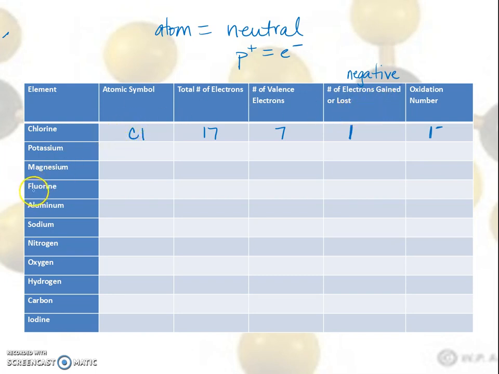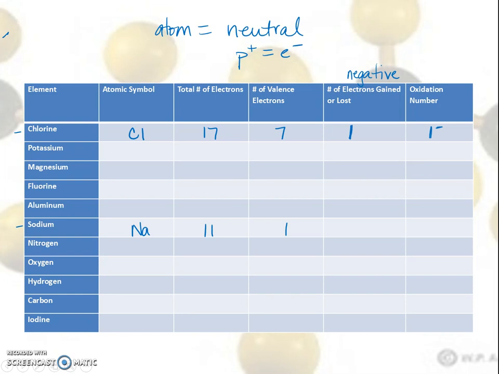All right, let's do sodium. Sodium's symbol is Na. How many electrons does it have? It has 11. How many valence electrons? Well, it only has 1. So is the sodium atom going to want to take on 7 electrons so it can be like argon? Or is it going to want to just give away 1 on the street corner? Hey, who wants an electron, to be just like neon?